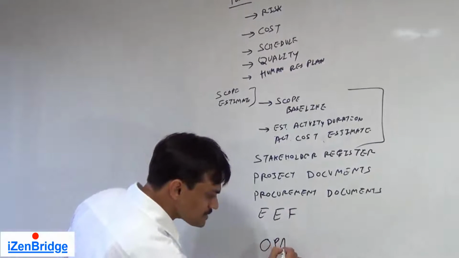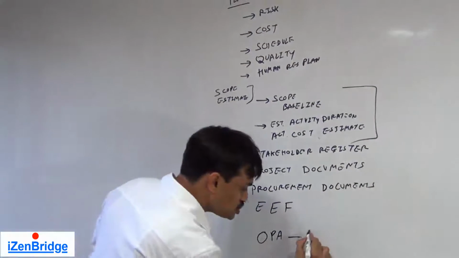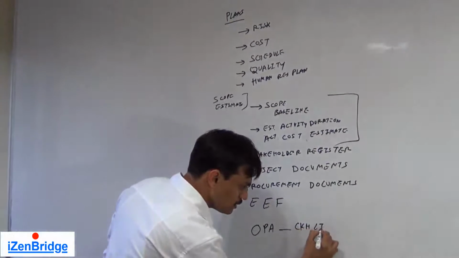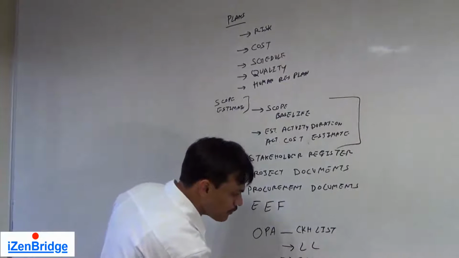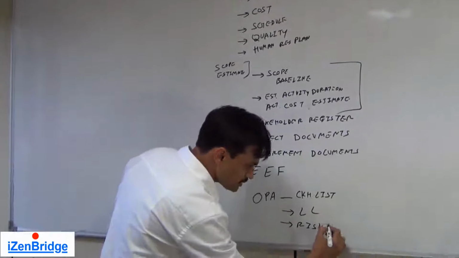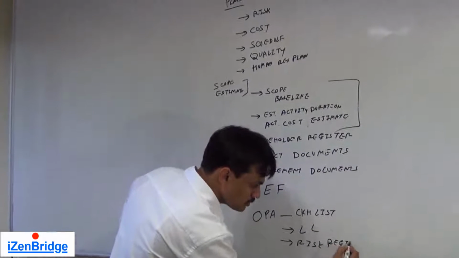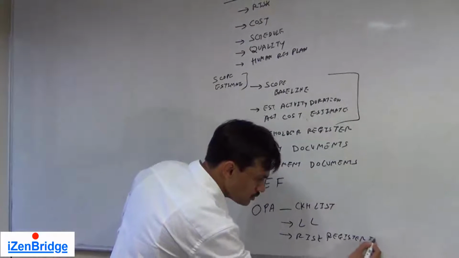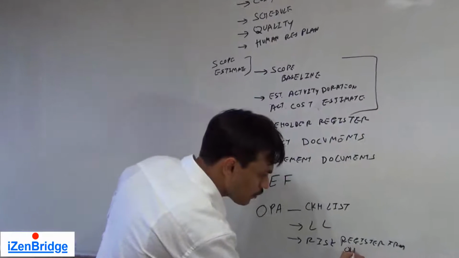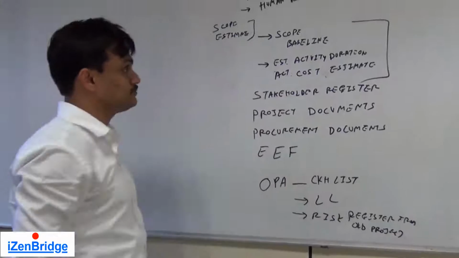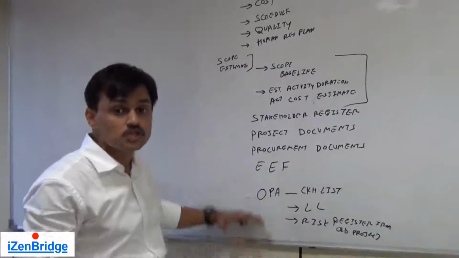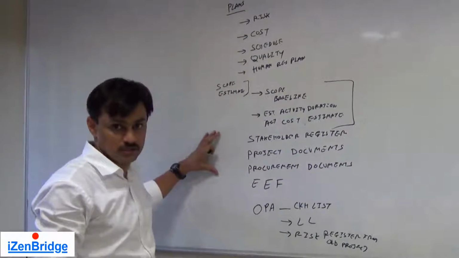Organization process assets: checklists, lessons learned, risk registers from previous projects, all come from organization process assets. So this makes a total of 13 inputs.